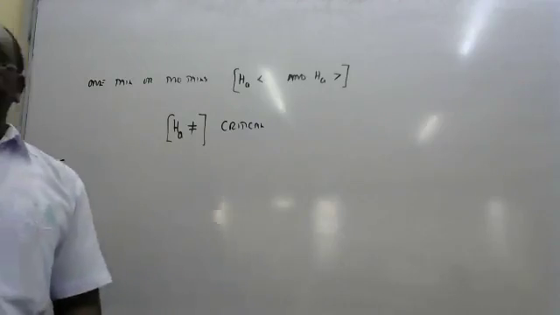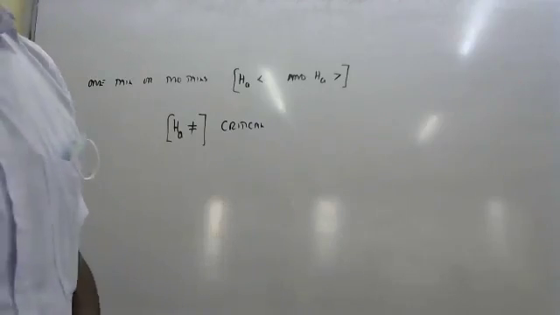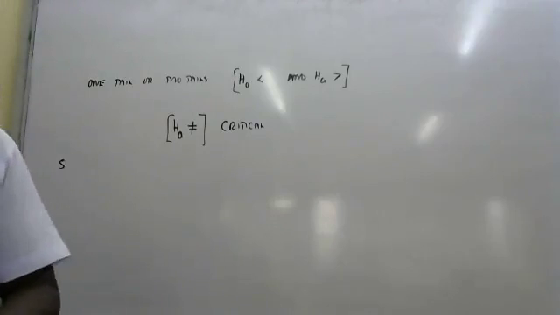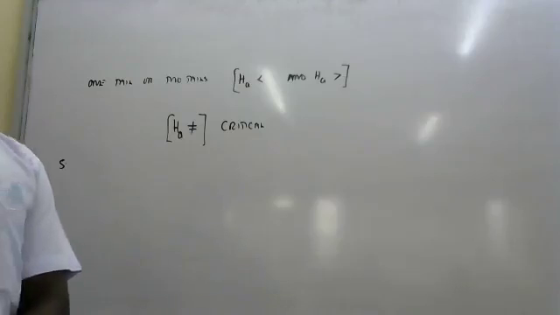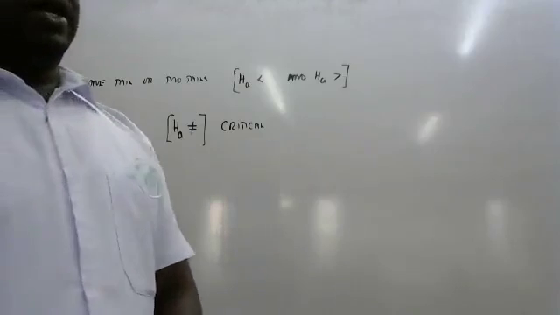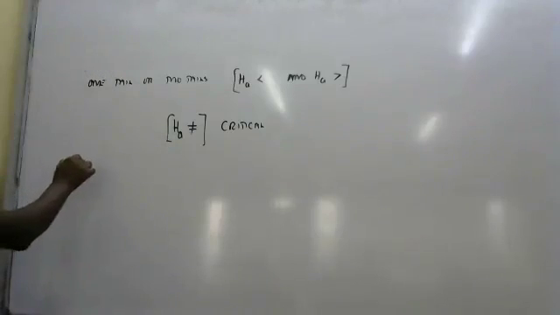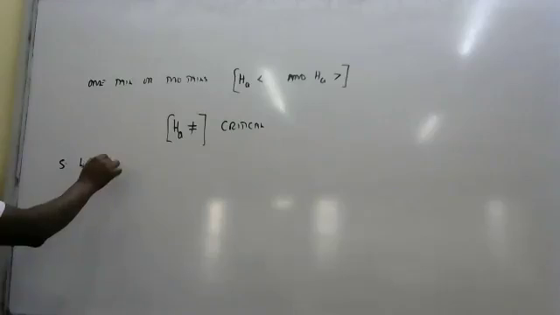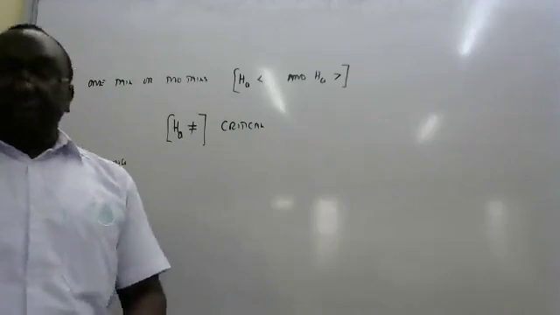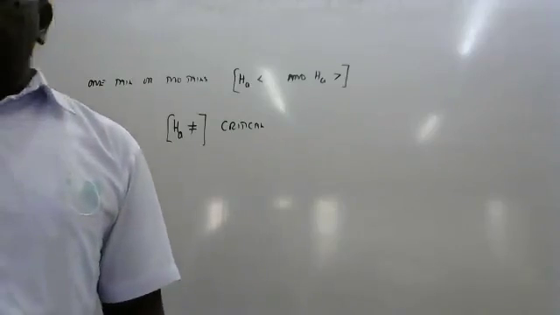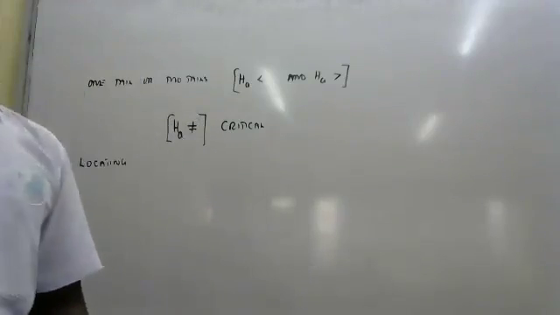Step number 5. Make the conclusion by locating the calculated value in the decision rule.